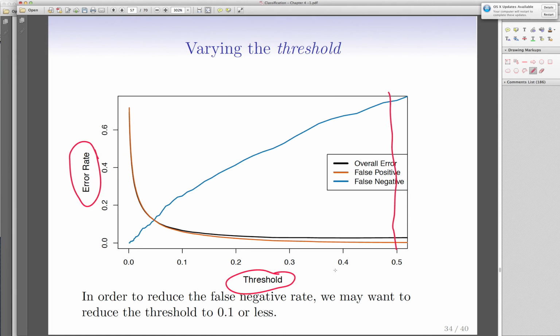So if we just push the threshold back, let's say at 30%, instead of 50%, we change our threshold to 30%. Our error rate for defaulters will decrease from 75% to 50%. And the error rate for no defaulters will change from 0.2% to around 1%.